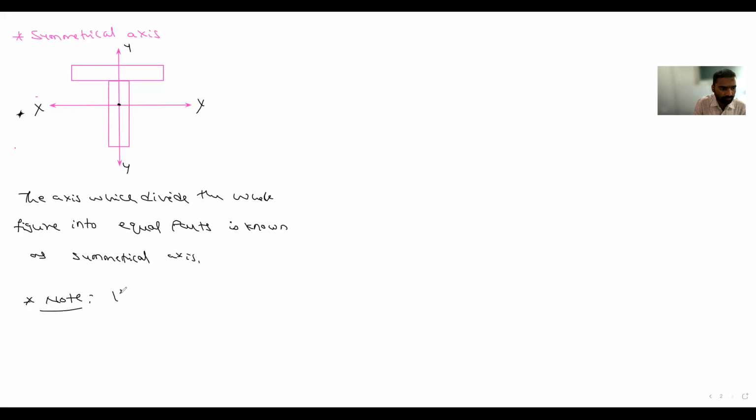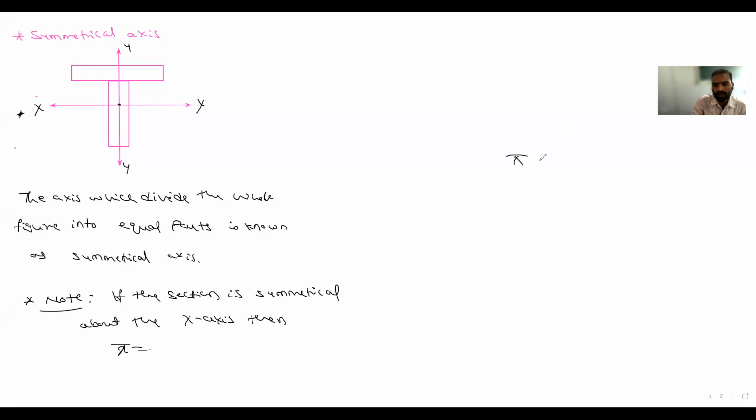If the section is symmetrical about the x-axis, then, can you tell me the x bar and y bar formulas?